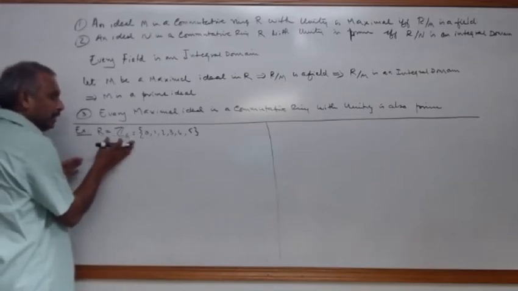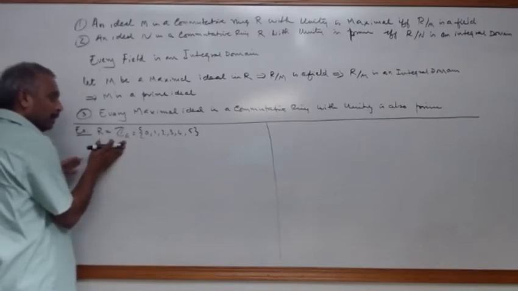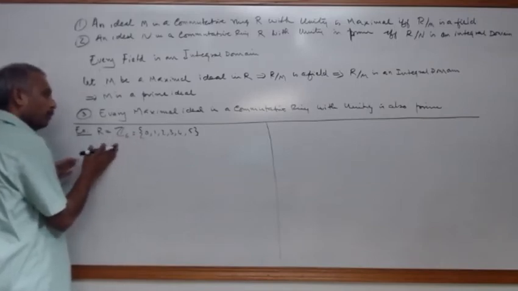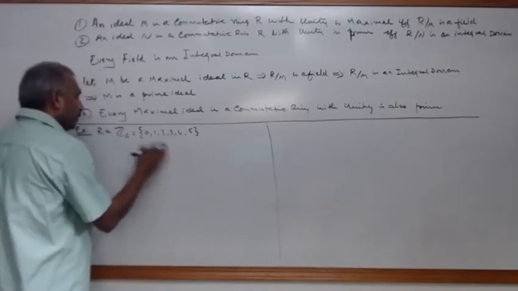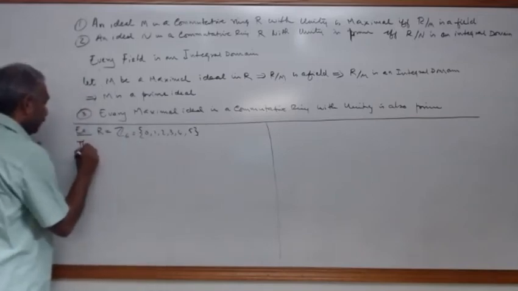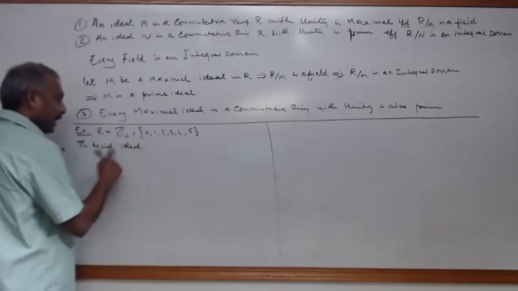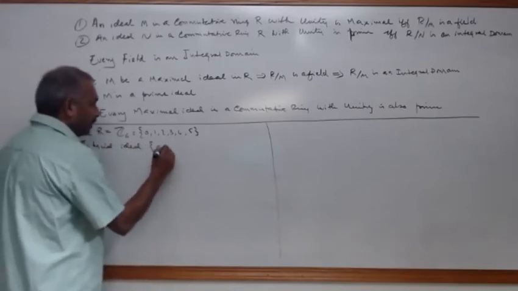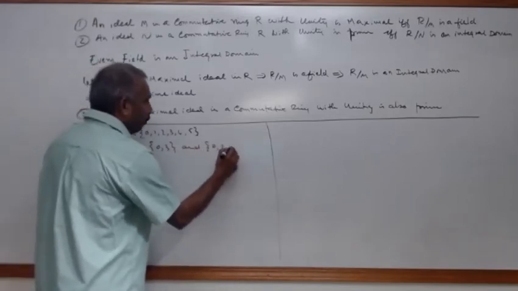Every ideal is a subring, and every subring is a subgroup. So we will find the nontrivial subgroups of this. The candidates for ideals are {0, 3} and {0, 2, 4}.